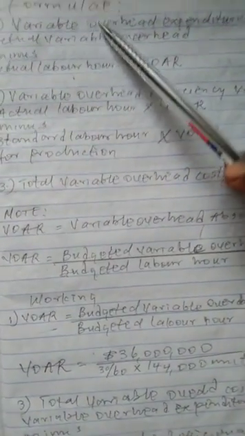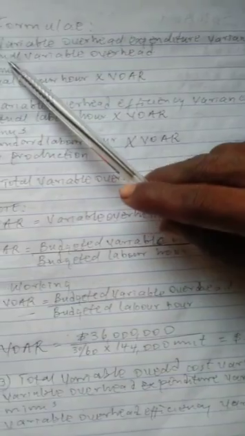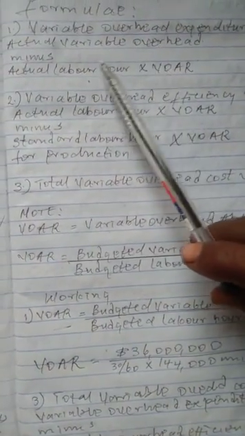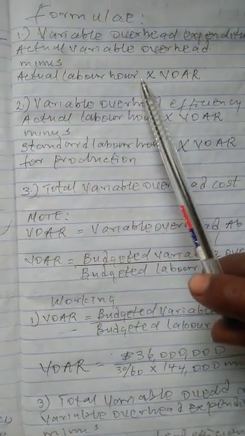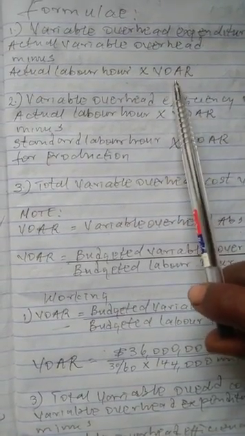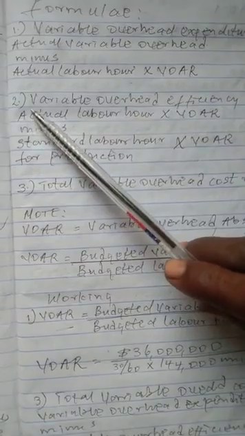1. Variable overhead expenditure variance is equal to actual variable overhead minus actual labor hour multiplied by variable overhead absorption rate. 2.